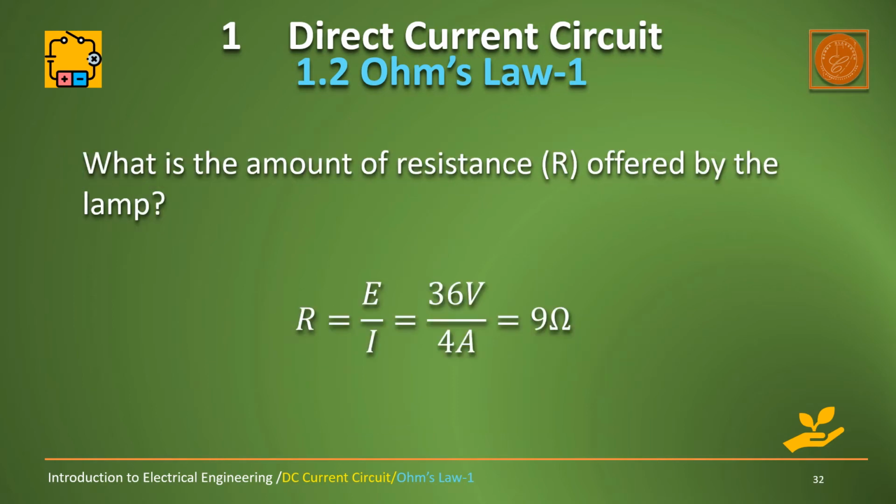What is the amount of resistance R offered by the lamp? We can use this formula: R equals E divided by I. Since the voltage of the battery is 36 volts and the current in the circuit is 4 amps, the resistance value equals 9 ohms.